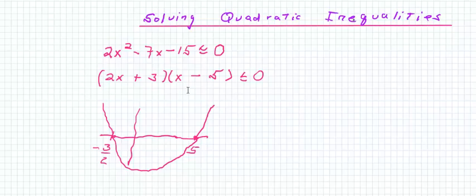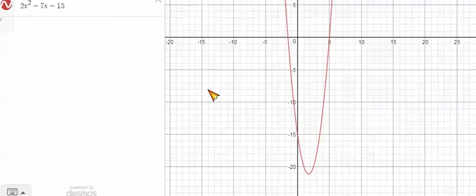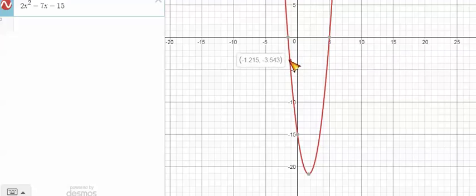Now, let's look at the actual graph of this. Here is the actual graph, x squared minus 7x minus 15. And if you look at any point on this graph, the y-coordinate is negative. All the way around here, the y-coordinate is negative.